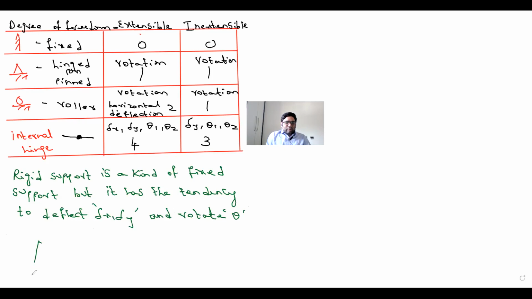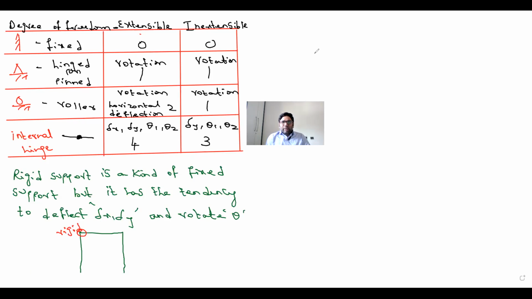So, example, if you take a frame, okay, and then this is called rigid joint.